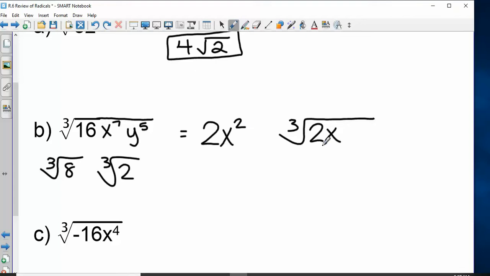Y to the 5th. If I have 5 y's, how many groups of 3 can we form? 1 group of 3, so 1 y comes out, and how many y's are left over? 2. So 2 stay underneath. So that is our final answer.